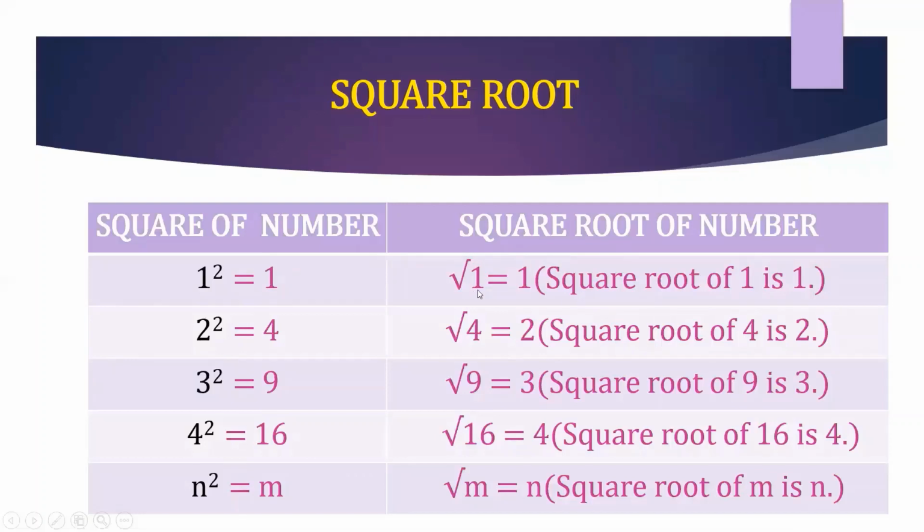So the square root of 1 is read as square root of 1 is equal to 1. Similarly, the square root of 4 is 2. The square root of 9 is 3. The square root of 16 is 4. And the square root of number m is equal to n.